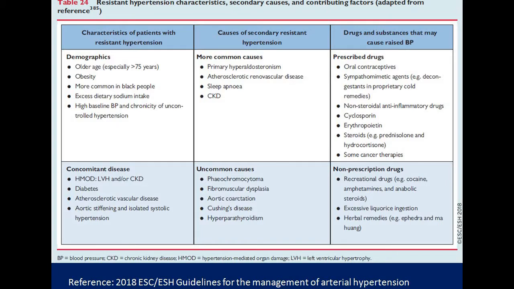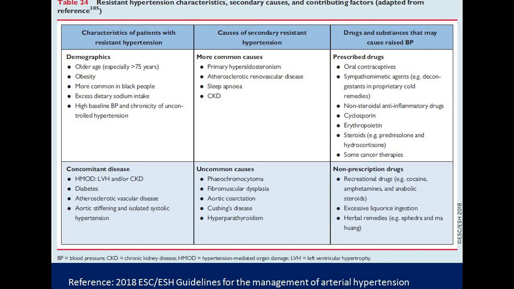This is a chart taken from the ESC guideline of 2018 for the management of arterial hypertension, and this guideline summarizes the characteristics of the patient with resistant hypertension and also outlines the major causes of resistant hypertension.